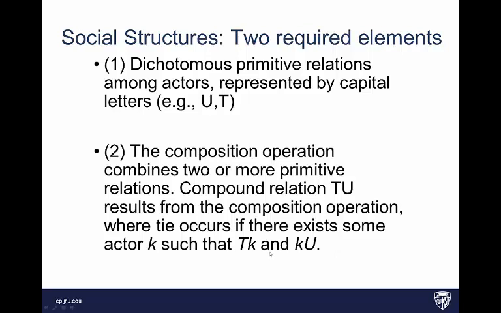So a parent of network, if that was T here, right? So you start with the parent, and it terminates with the child. If there's another relation where this child is now a parent of somebody else, well, now the TU relation will create a grandparent network.